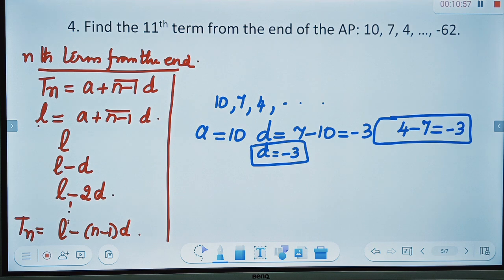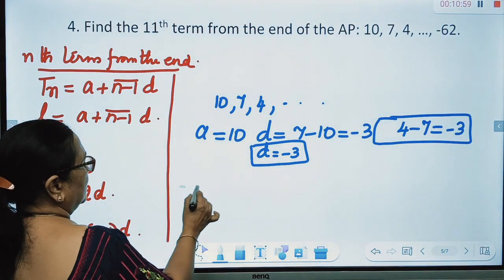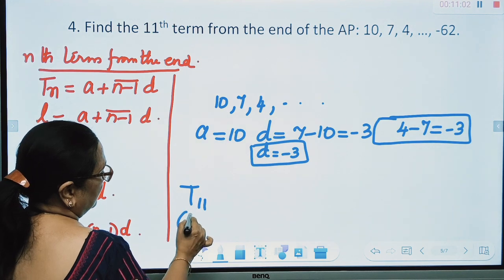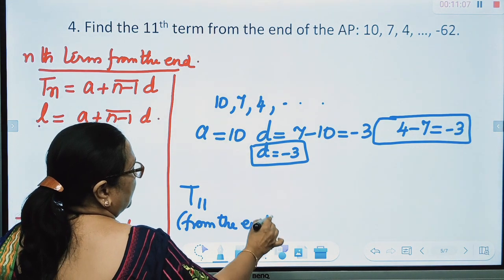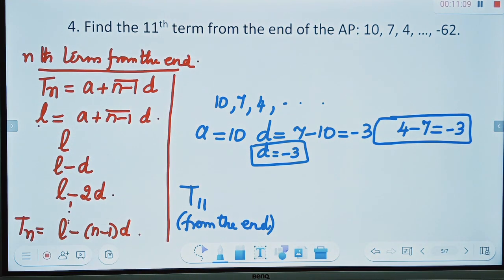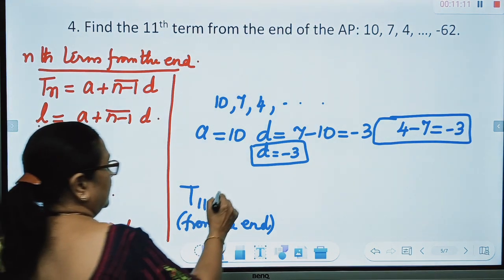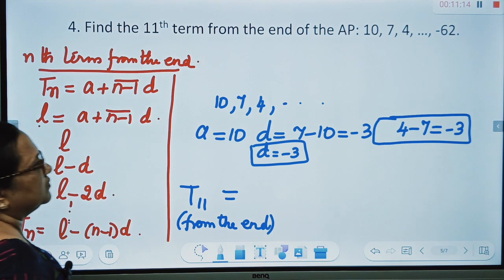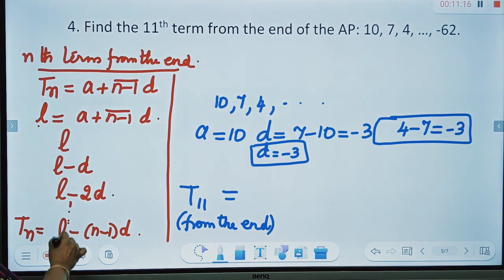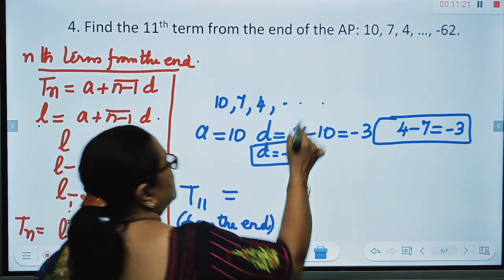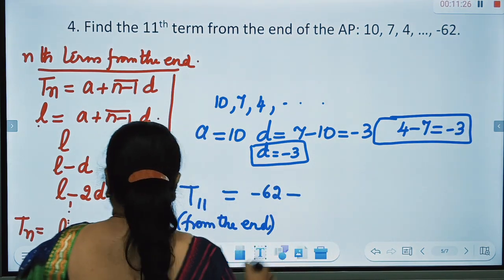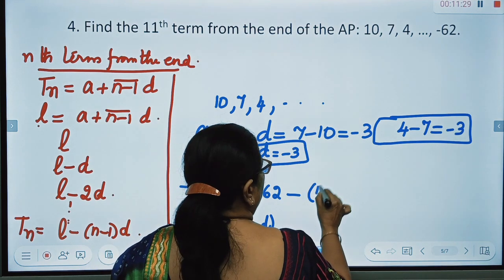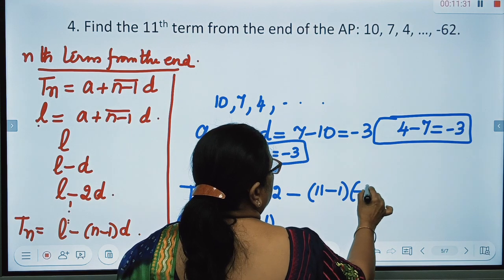Find the 11th term from the end. The 11th term, T11, from the end, which is very important. That you understand the difference between the 11th term from the beginning and the 11th term from the end. We have to find the last term minus (n minus 1) into D. That is, what is the last term? Minus 62 minus (11 minus 1) into D, which is minus 3.